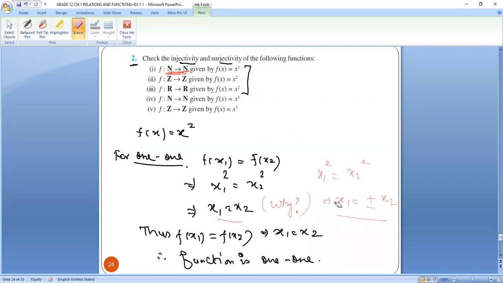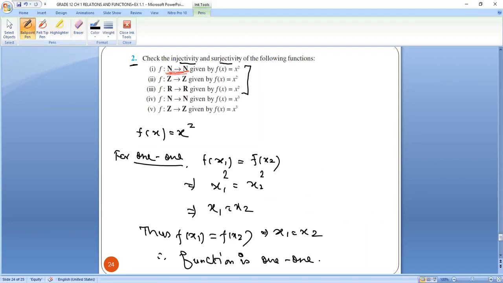So मेरे सेट में नेगेटिव नंबर तो है ही नहीं. So how can I write x1 is equals to minus x2, right? So minus x2 तो मेरे सेट में है ही नहीं. So I'll be directly writing x1 is equals to x2. Therefore, I have proved that the function is 1 1, right?